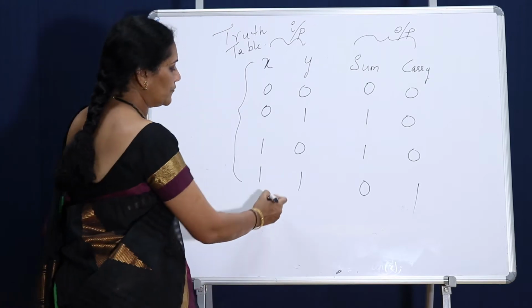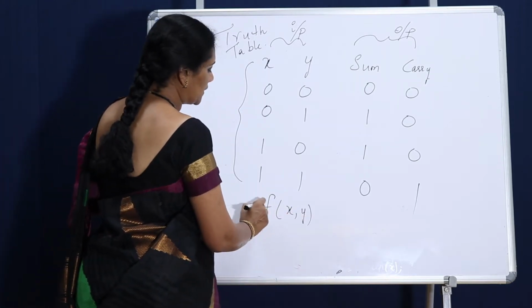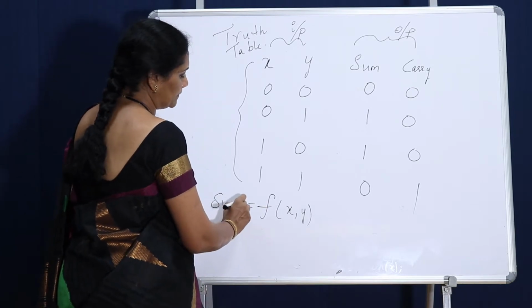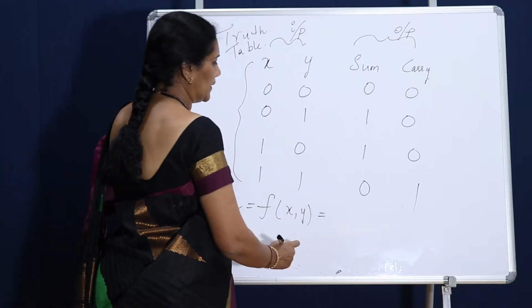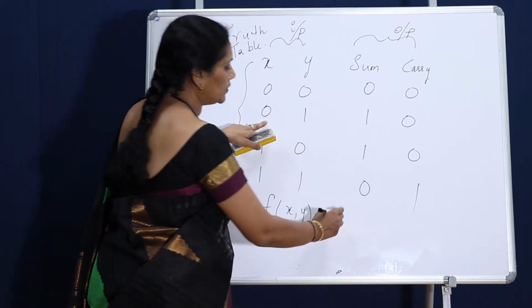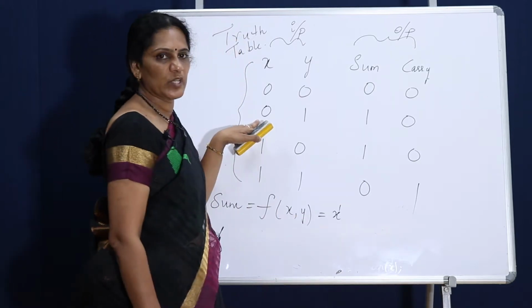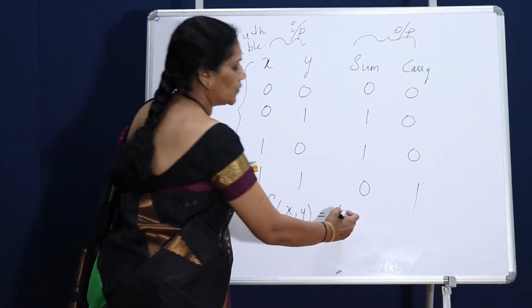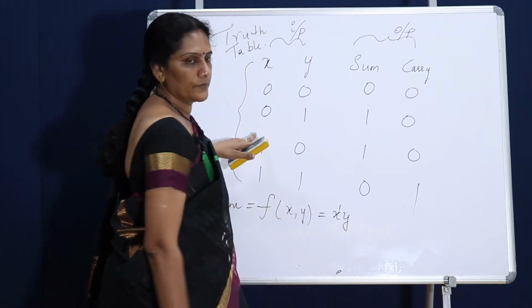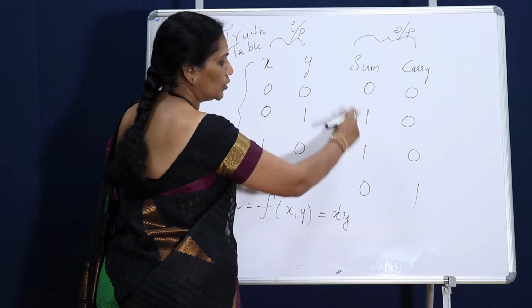So, if you take f of x, y as a function, then the sum will be equivalent to: the output is high when x is 0. When x is 0 in a min term, x is represented in its complement form and y in its normal form, and it is also high at the other location.